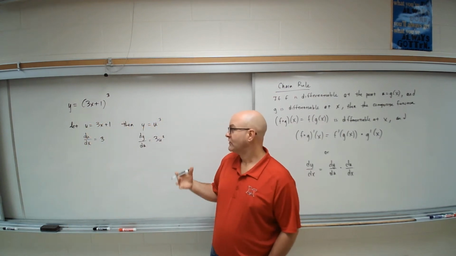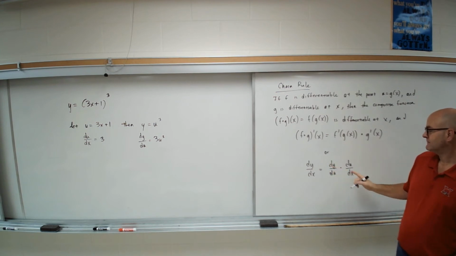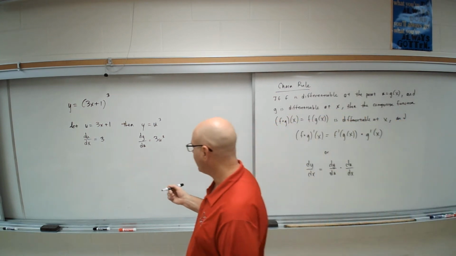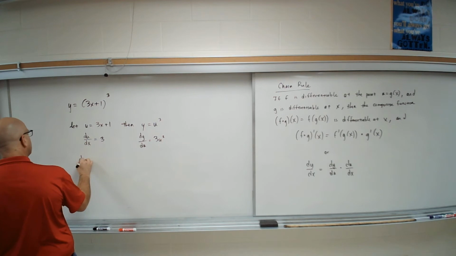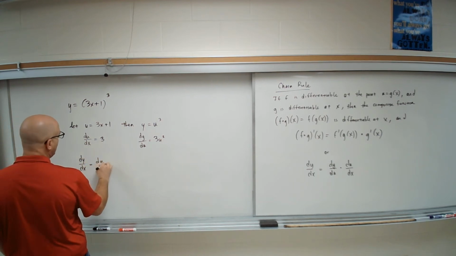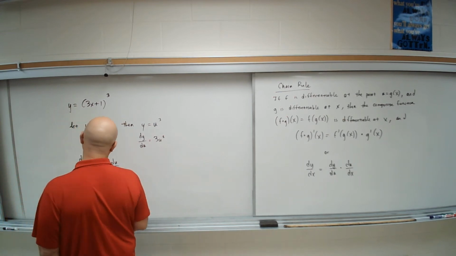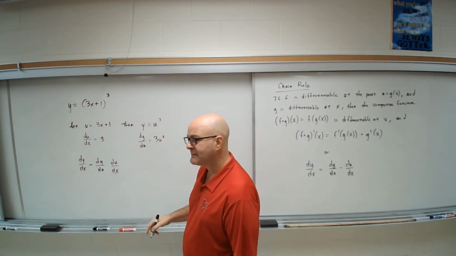Now, we're told by our chain rule, which we're not going to prove, but it's harder to prove than you might think, that the derivative of y with respect to x is dy over du times du over dx. So we just plug these pieces in, right?